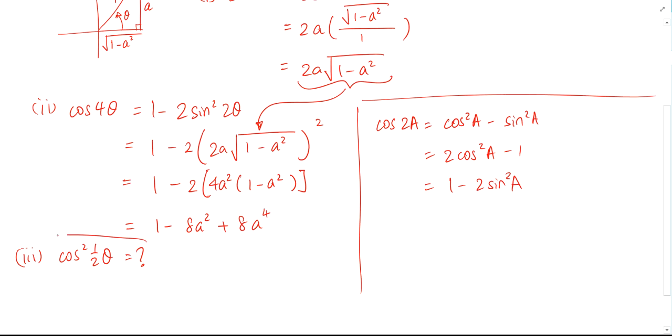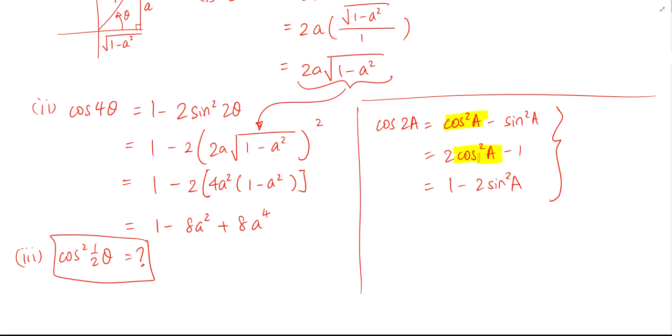Now in this question, it is not as straightforward. They want cosine squared half theta. Out of all these options, we see something similar, a cosine squared of an angle. It is found here and here. As long as I can replace the angle A with half theta, I'll be able to make my job easier.